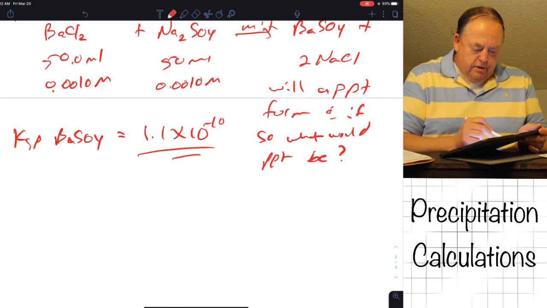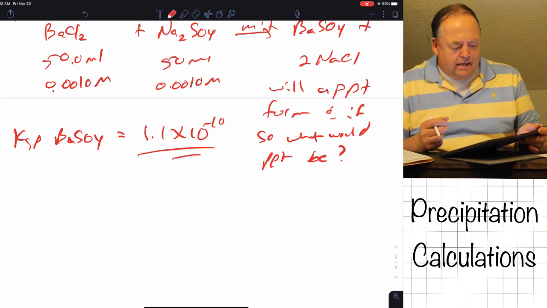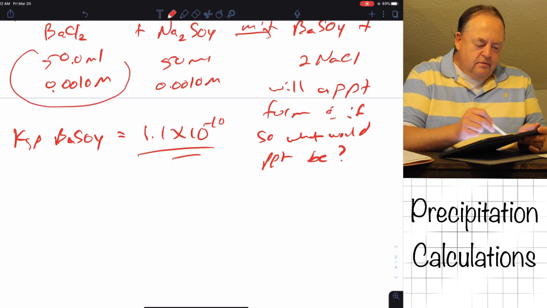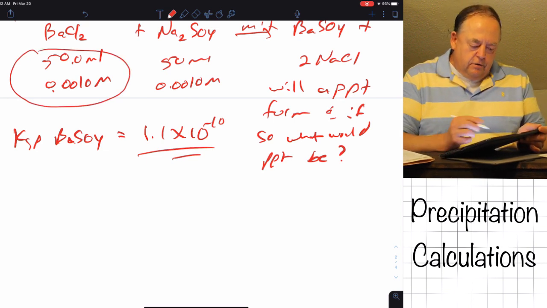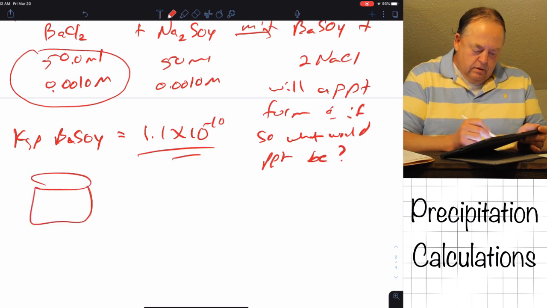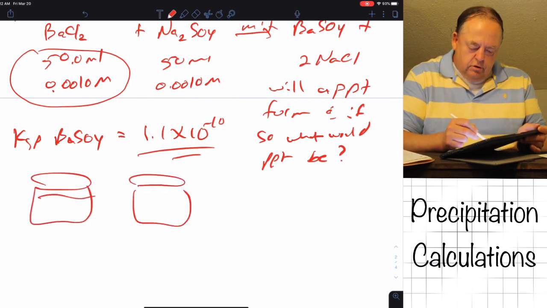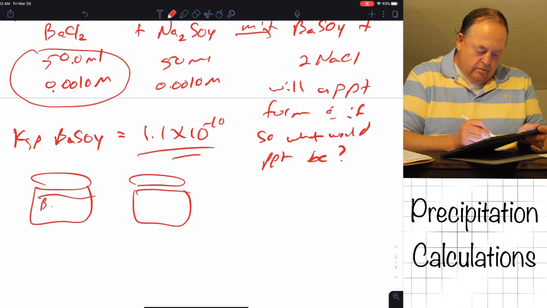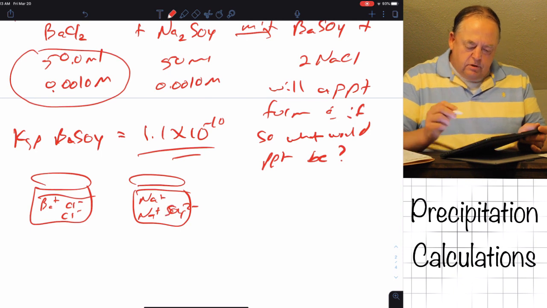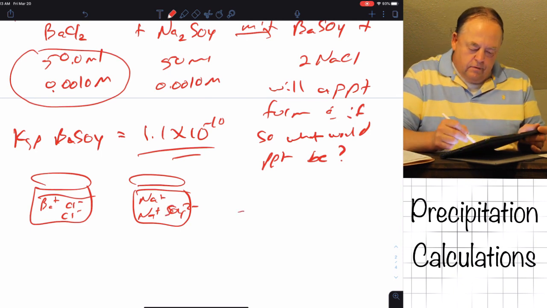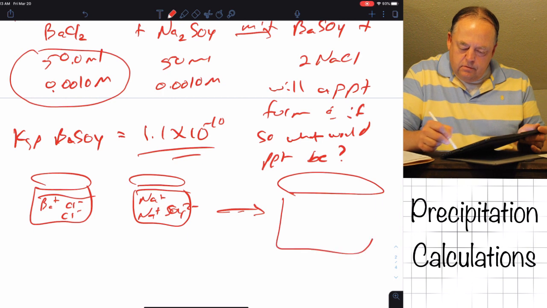Okay, so what we need to do now, so basically it's the same problem as last time. You were just given different information to start with. So what we need to figure out first, so we have these two solutions of barium chloride, which is totally dissolved, and sodium sulfate, which is totally dissolved in water, and then we're going to mix them together.